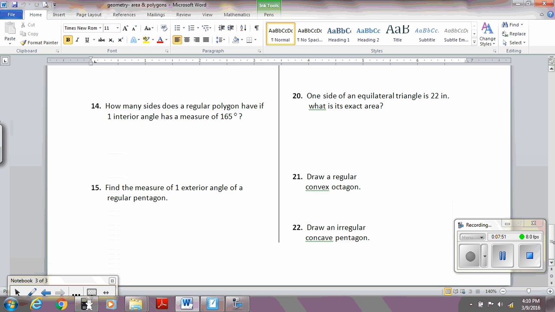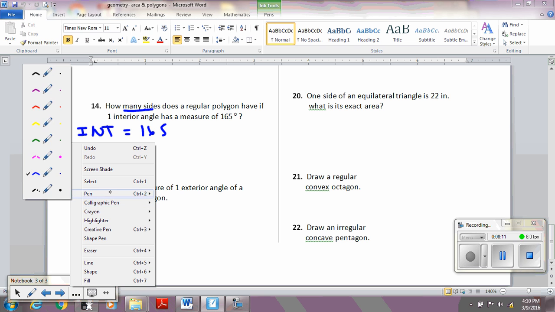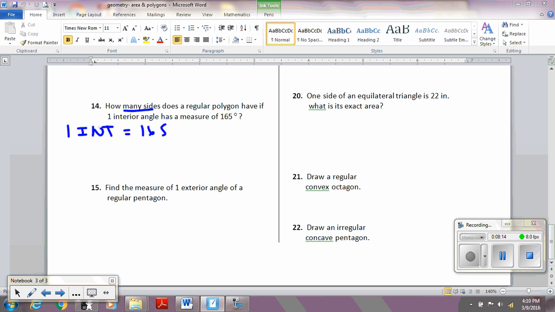Number 14 says, how many sides does a regular polygon have if one interior angle measures 165? Anytime they give you one interior angle, in this case it's 165, always find its exterior pair. To find its exterior pair, you take 180 minus the interior, which is 165, to find its exterior.